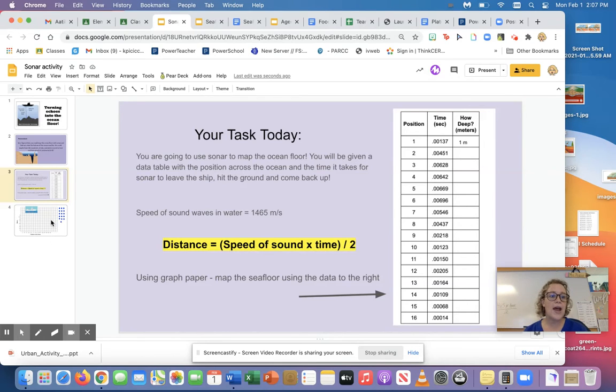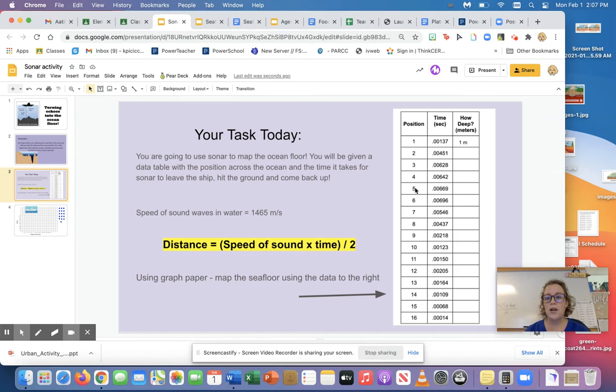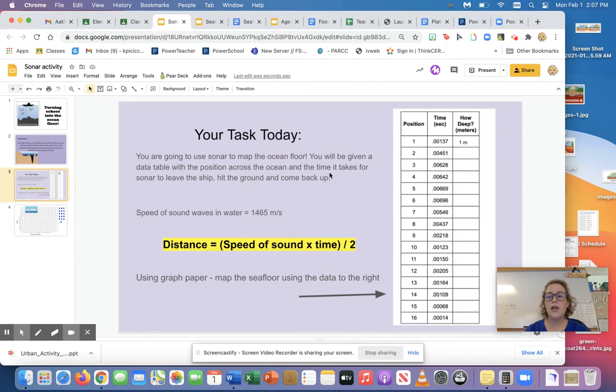So I'm going to go down to my chart and take one of these dots, which represents where I dropped the sonar. I see position 1, 2, 3, 4, 5, 6, 7, 8, all the way to 16. So I'm going to look and see what number is here, and then the meters. Really all I'm doing is graphing this part and this part, the first column and the third.